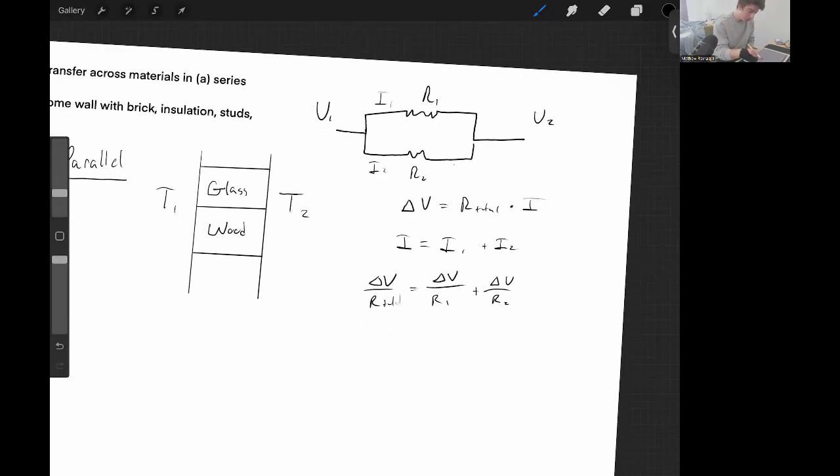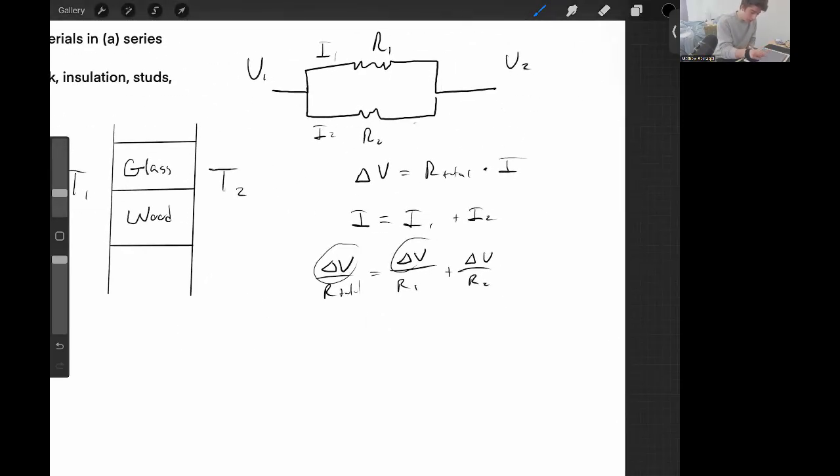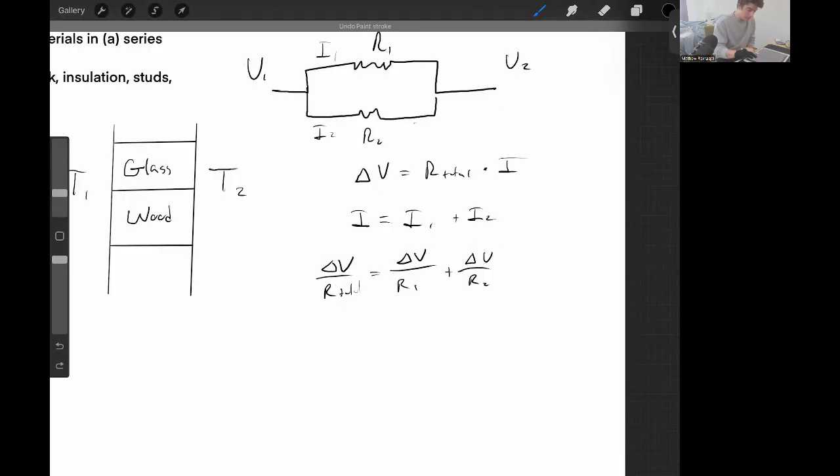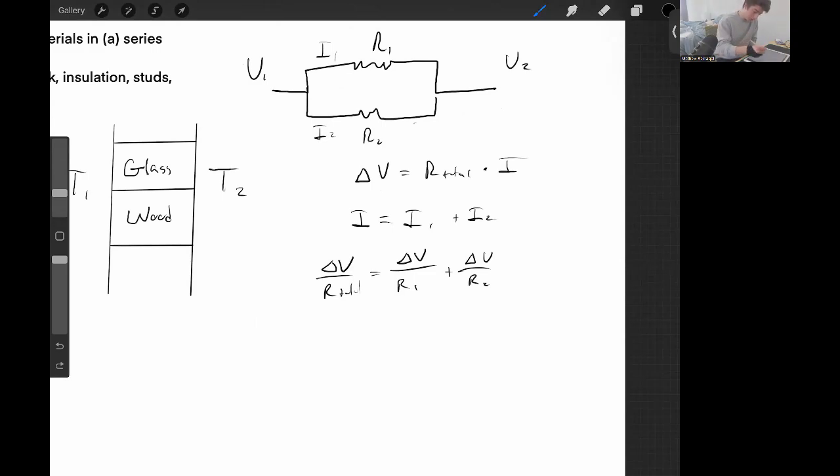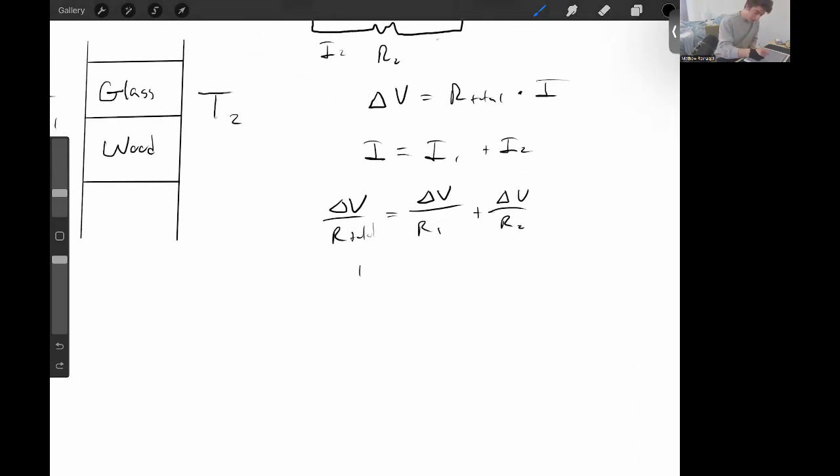And now if you've noticed, we actually have like terms over here. So now to get our total resistance, we can express this as 1 over resistance total equals 1 over resistance 1 plus 1 over resistance 2.